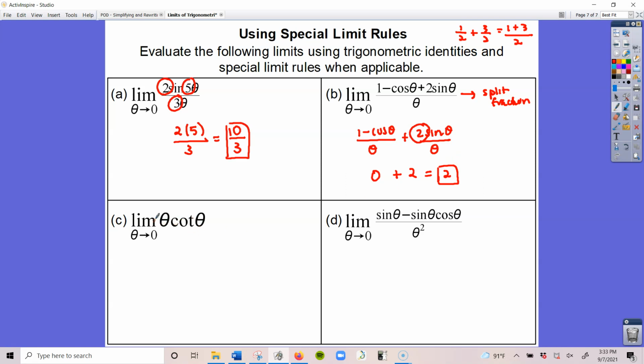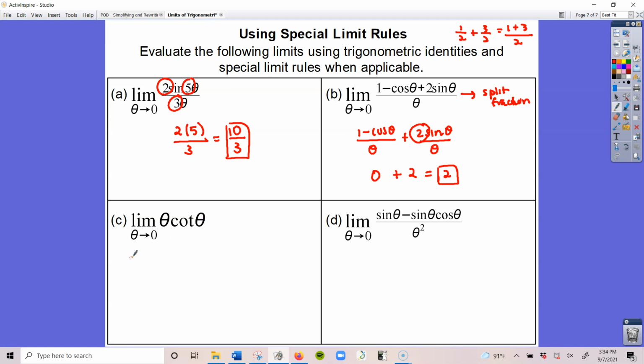Over here, we have the limit as theta approaches 0 of theta times cotangent theta. Now, if I'm going to use my special limits, they only use sine, cosine, and tangent. So this cotangent, I know that this is the reciprocal of tangent.